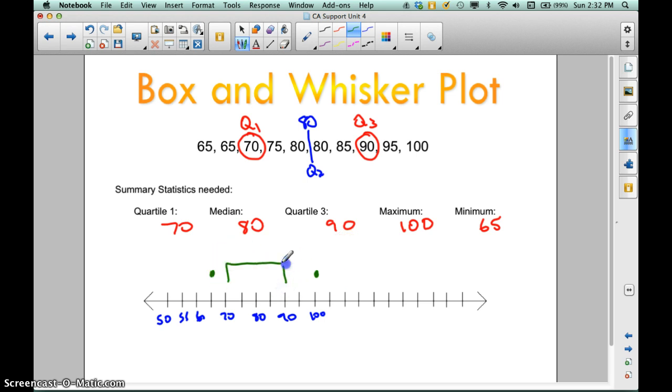So I'm going to draw my box. And now the median, which is 80 in this case, gets marked with a line inside of the box. So it's always very clear to us: quartile 1, quartile 2, or median, quartile 3. And all you do is draw in the whiskers. And that's our box plot, or box and whisker plot.